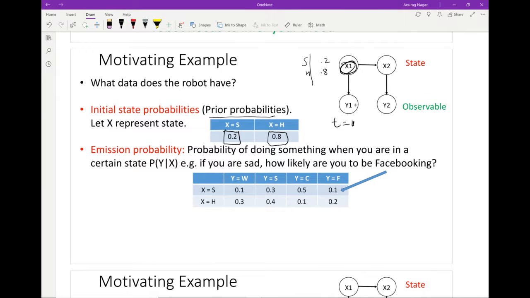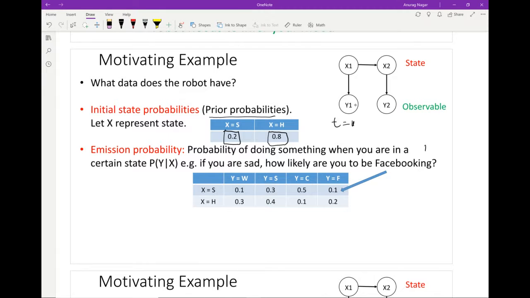Based on that, you will choose the state. It's like you are going to flip a coin. The coin is not 50-50. It has two sides, side one and side two. The probability of landing on side one may be 80% and side two 20%. And you flip this coin and see what you get.